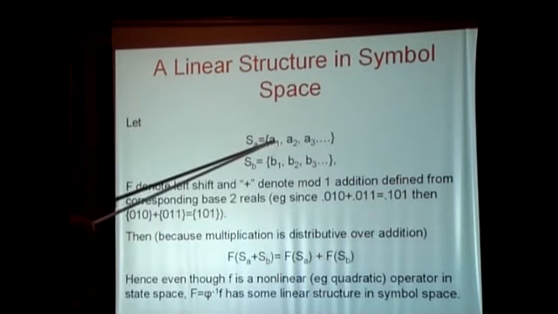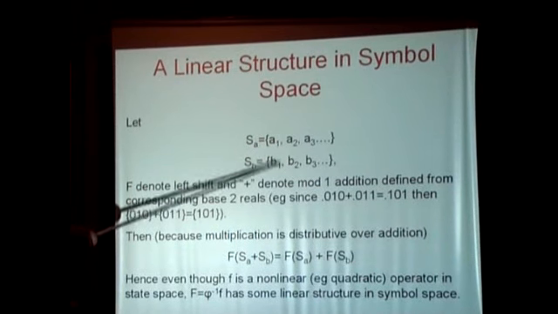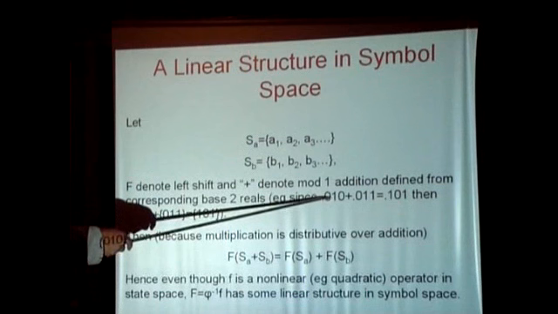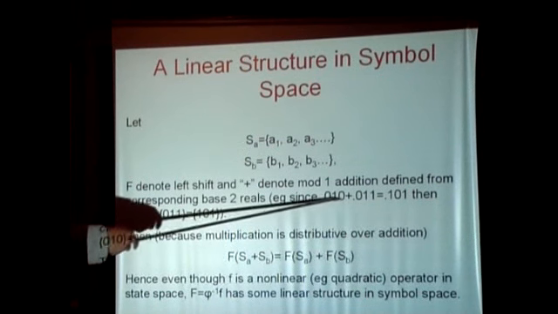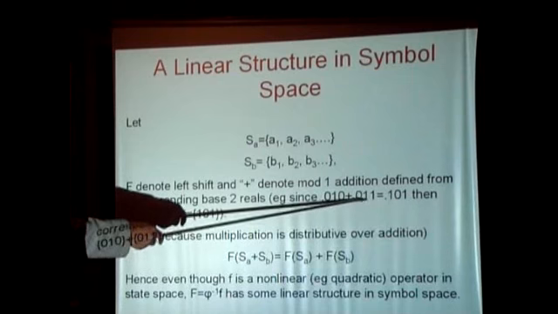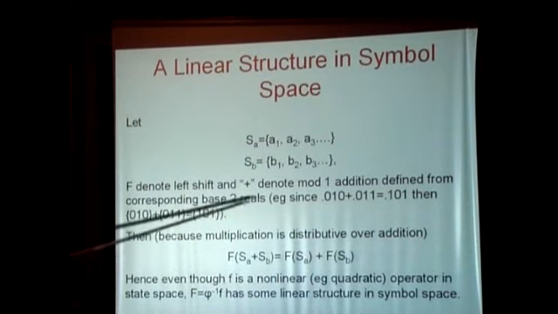If you took these symbols and treated them as zeros and ones, and then thought of these zeros and ones as the binary expansion of some real number, and then added these together, let's say mod 1, so 0.101 plus 0.011 would be 0.10, and then just put that back into symbol space, so 010 plus 011 equals 101. Then basically the action of f, the shift sequence, is kind of linear on that thing.